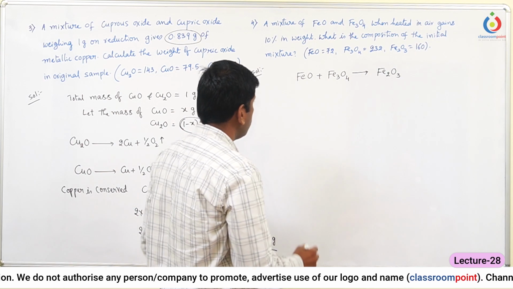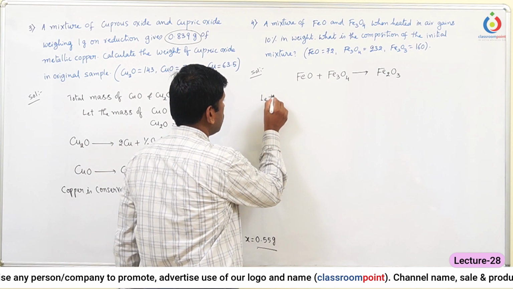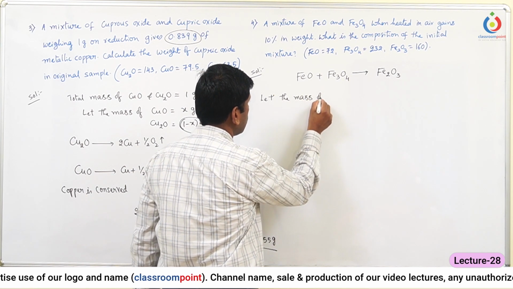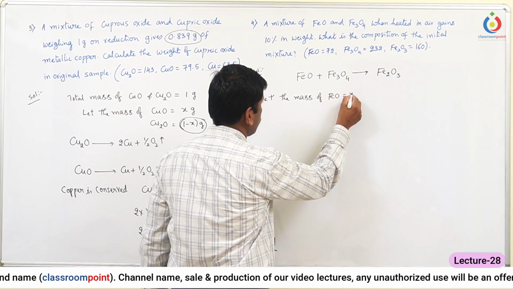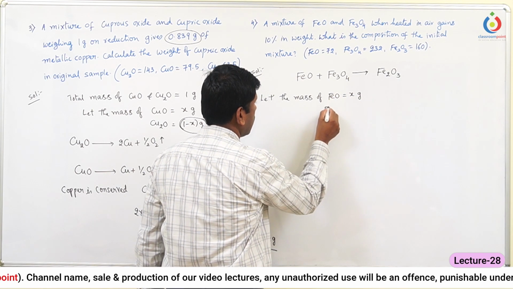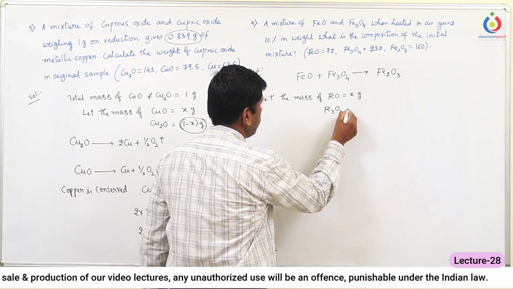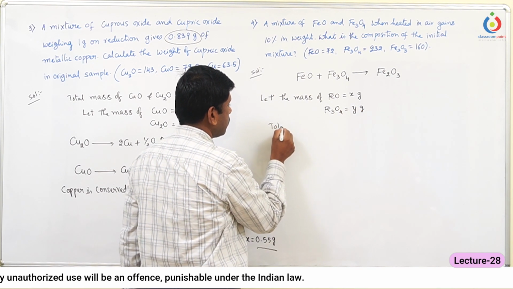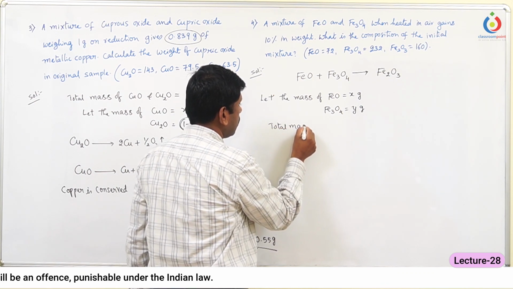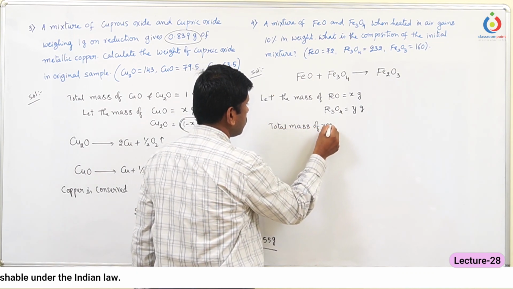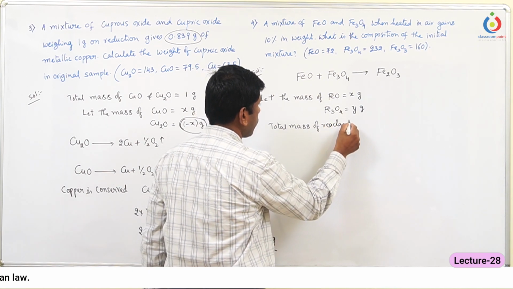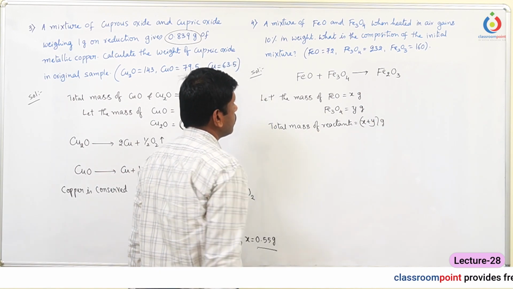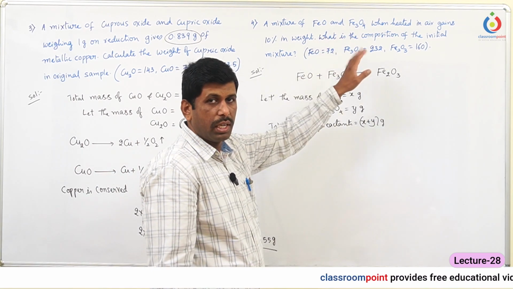Now let the mass of FeO be x grams and the mass of Fe3O4 be y grams, then the total mass of reactants is x plus y grams, because the mass of the reactants was not given.